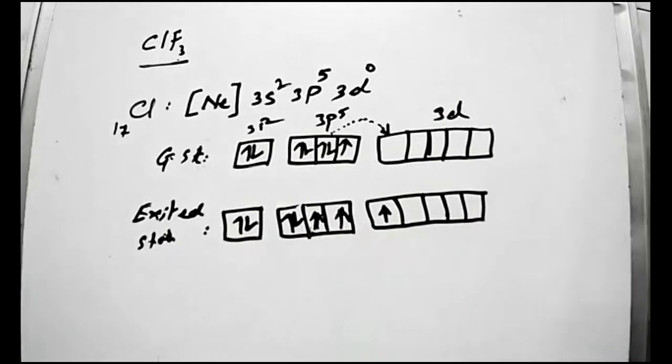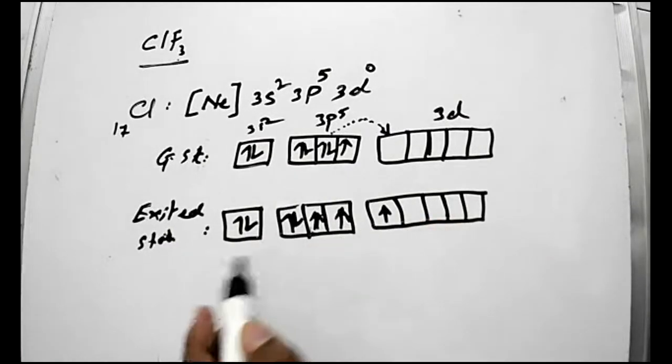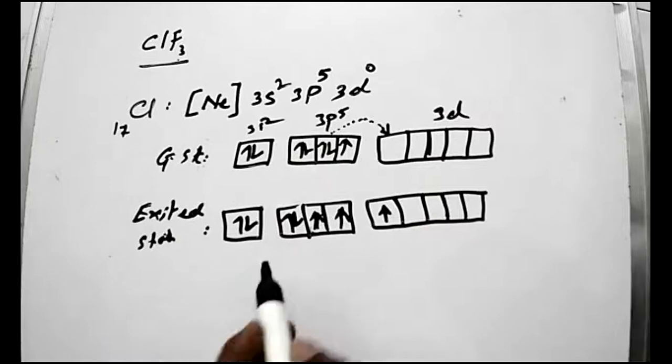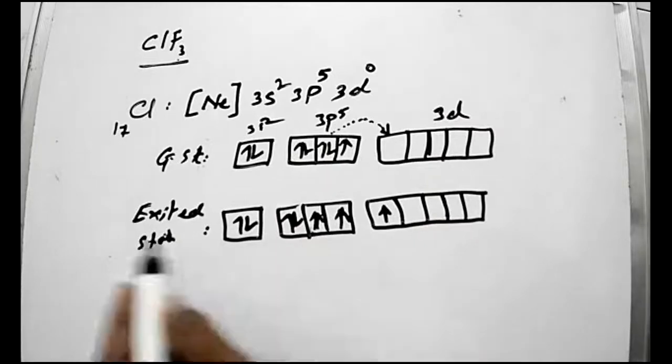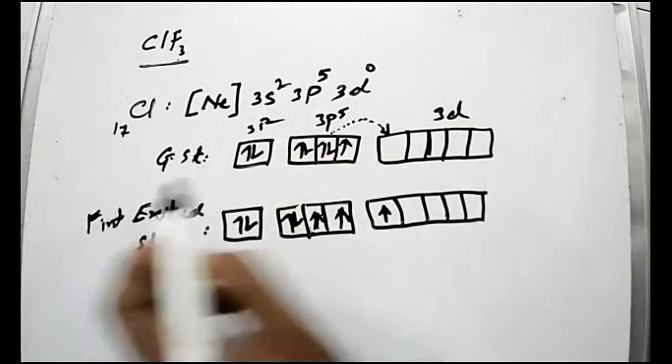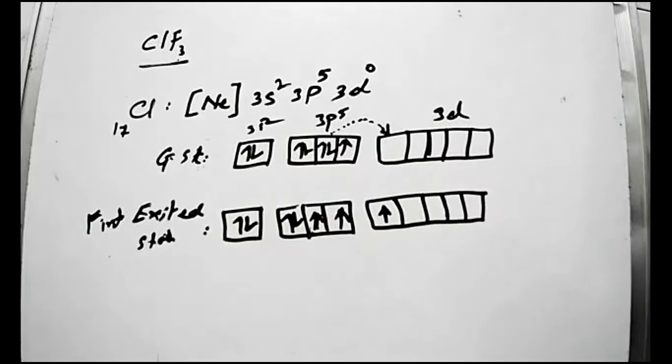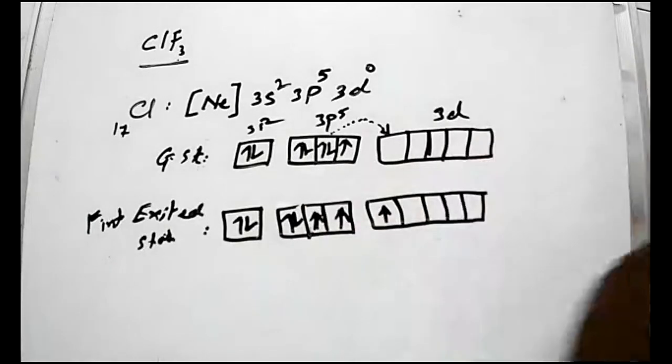Now we got 3 single electrons, and we don't need any more excitation. In fact, it is the first excitation, because out of these 3 pairs only one is excited, one electron from this pair is excited.